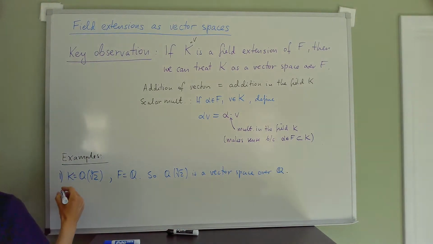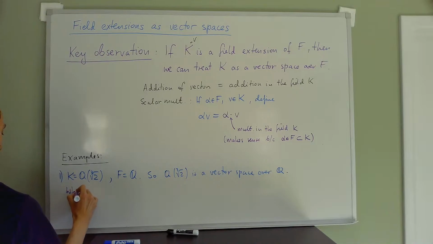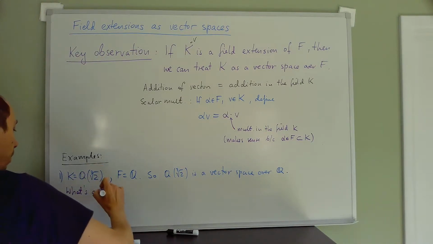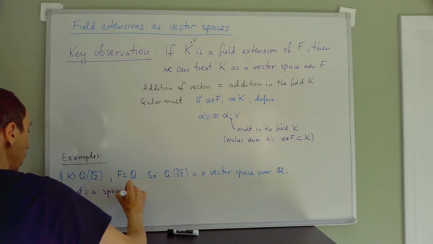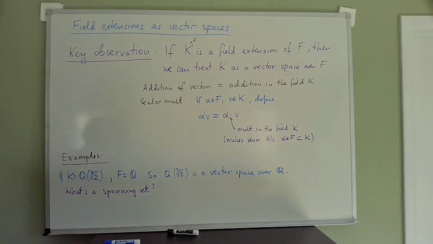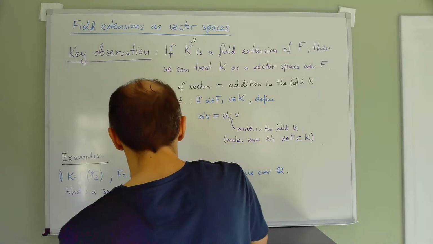So, what's a spanning set? Remember, what do elements of Q adjoin cube root of 2 look like?